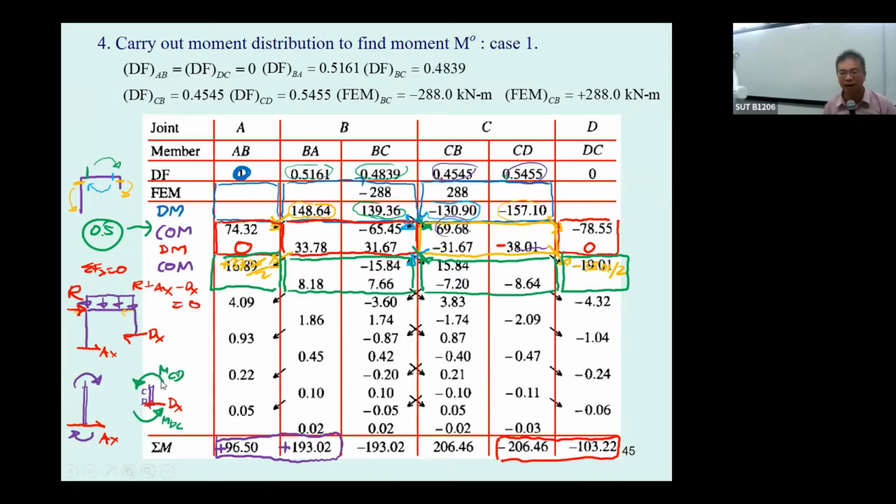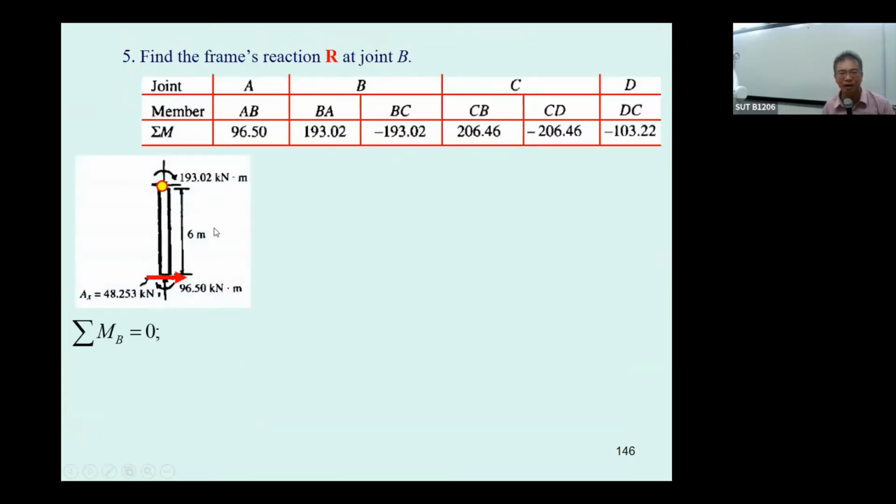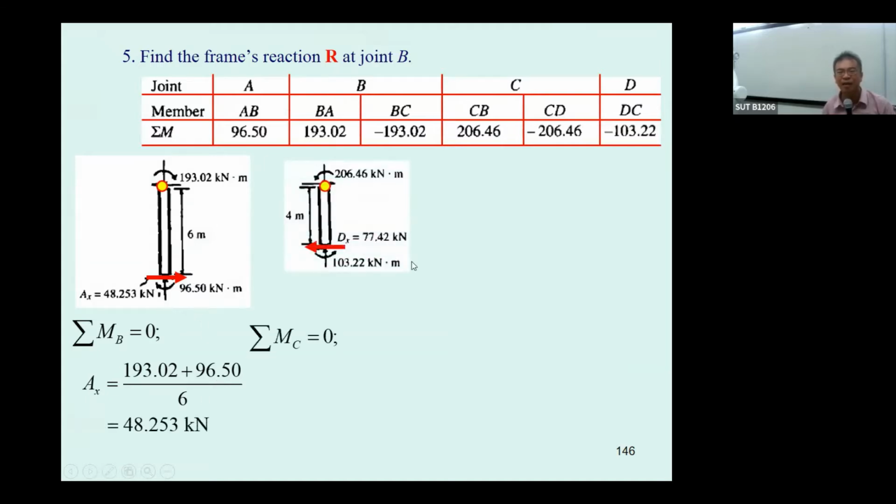Now repeat the process. Just go to the free body diagram of the column AB and the column CD. For the column AB, let's see, the same as we have. This force A sub x times 6 is going to equal the two moments plus, and then you get A sub x of this, and D sub x do the same thing.